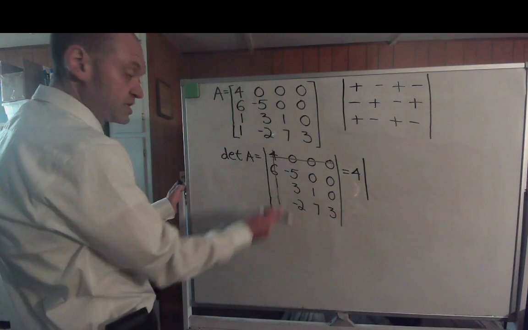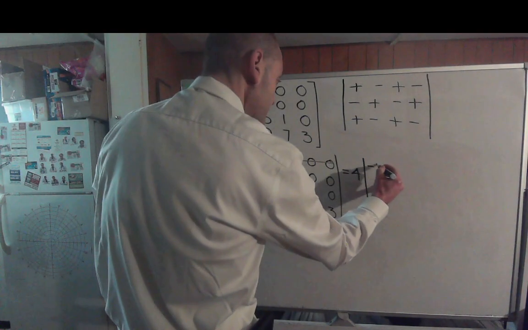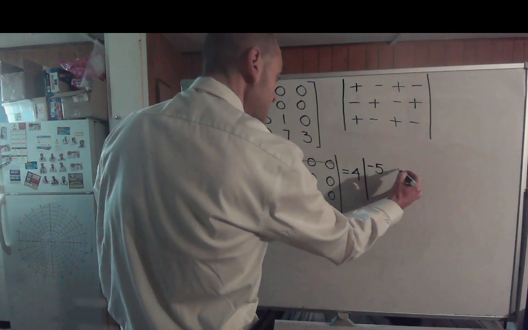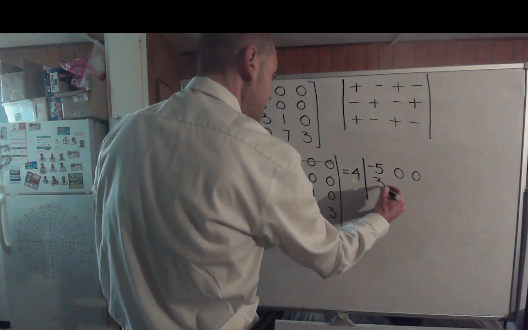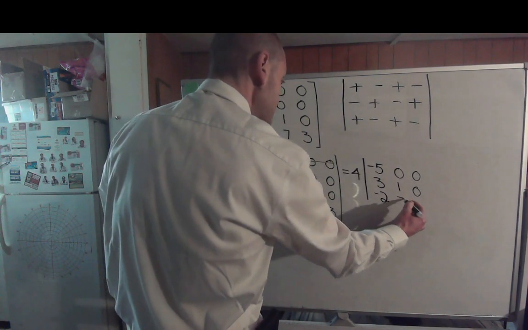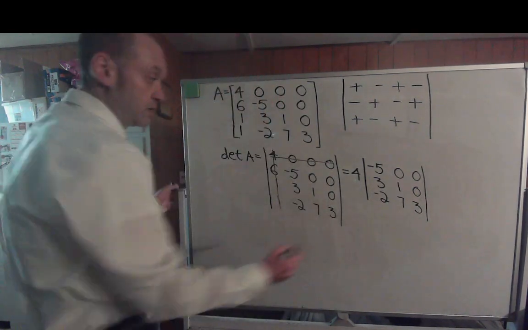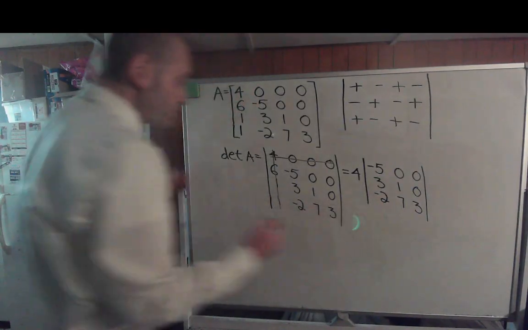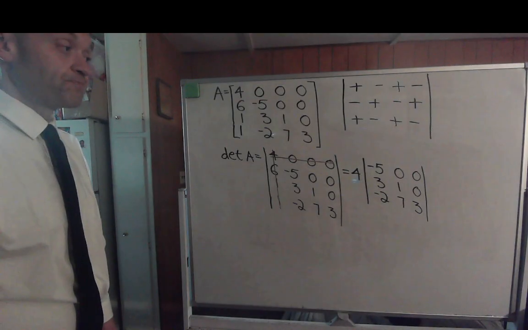That'll be 4 times the resulting determinant of what's left: negative 5, 0, 0, 3, 1, 0, negative 2, 7, and 3. All right, there's my 3 by 3 determinant of what's left.